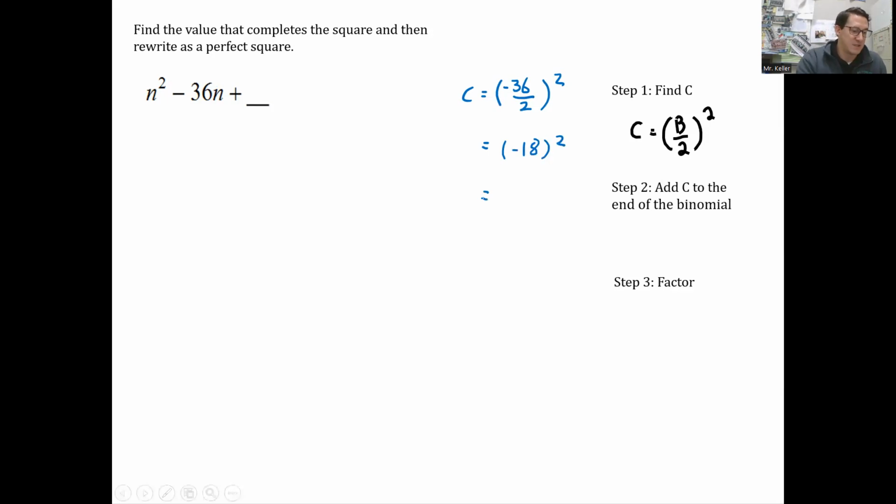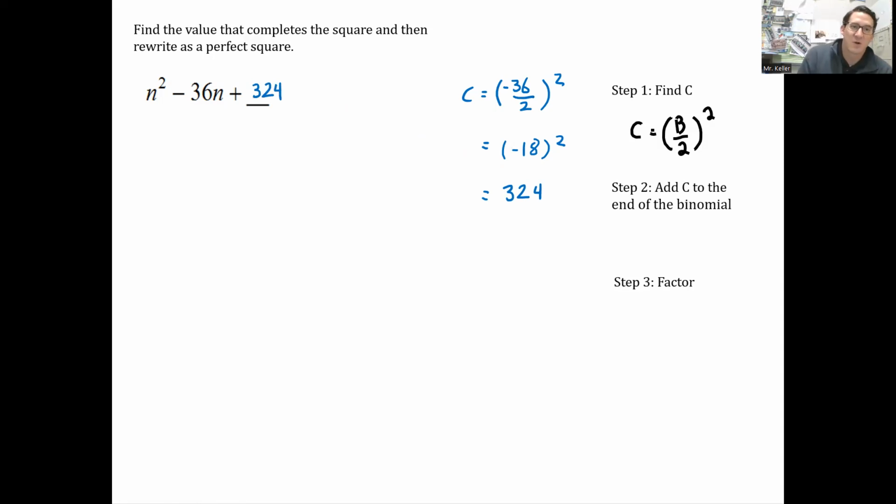Negative 18 squared is 324. Just want to check my math on that one. 324. So this goes in for C here. So I'm going to add in that 324 right there.